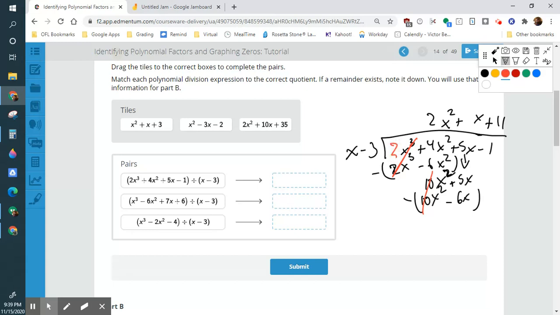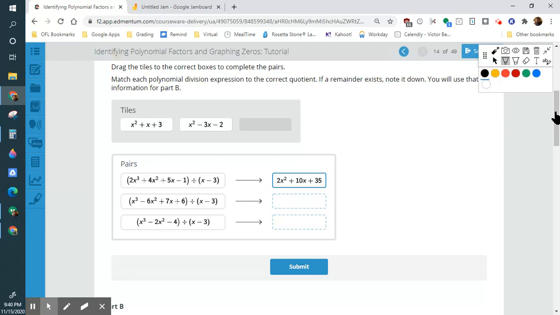From there, though, the only reason I was able to see that is 10x times that. So we know this is here, but it did tell us to write down our remainder, so I do need to write that down. Let me just erase everything and start over, guys. I'm sorry.